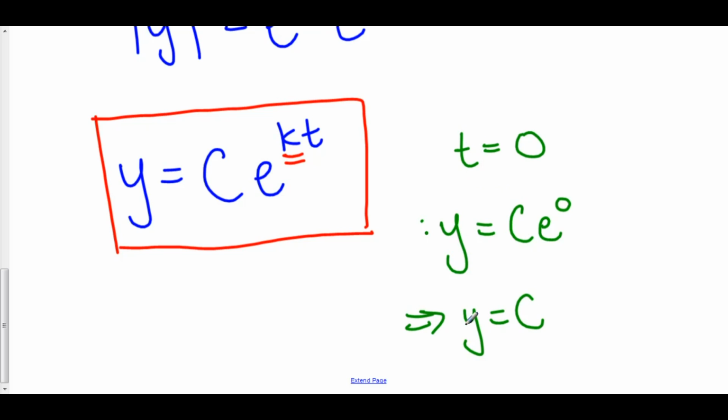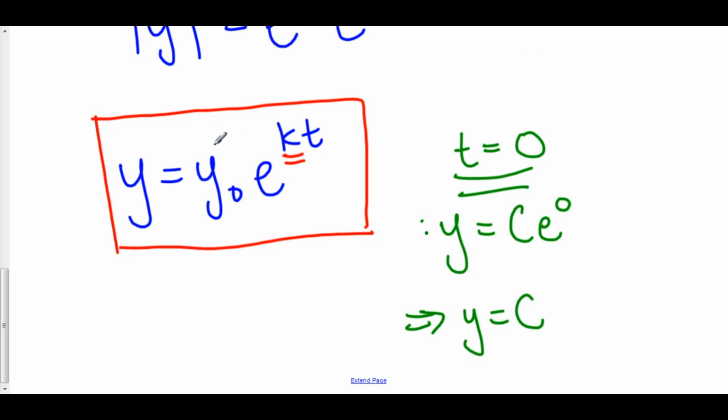Well, this tells us that c is equal to our function value when time is equal to 0. When time is equal to 0, our function value is our initial function value. It's what we begin with. So we can rewrite c as y naught.